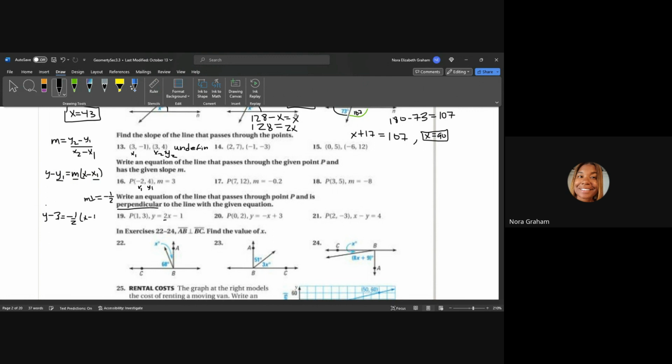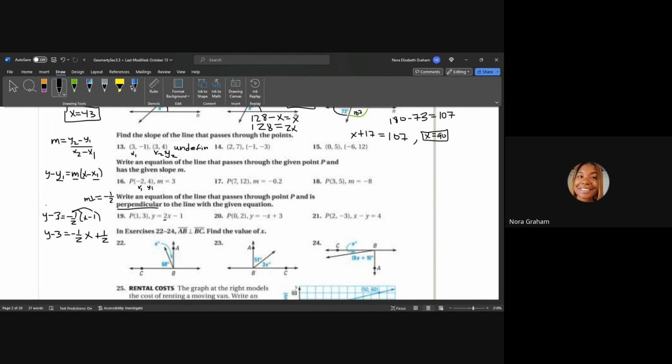Now I start solving for y. I distribute this to hit each and every term. So y minus 3 comes along for the ride. And then I have negative 1/2 x plus 1/2. Okay, that looks about right.